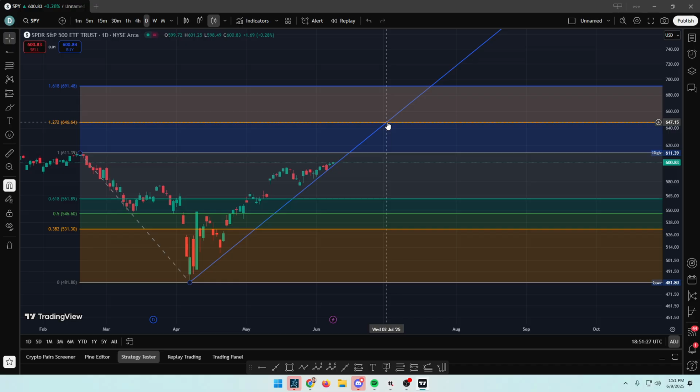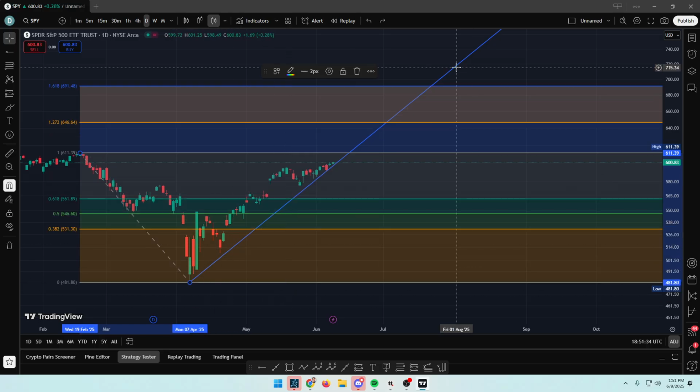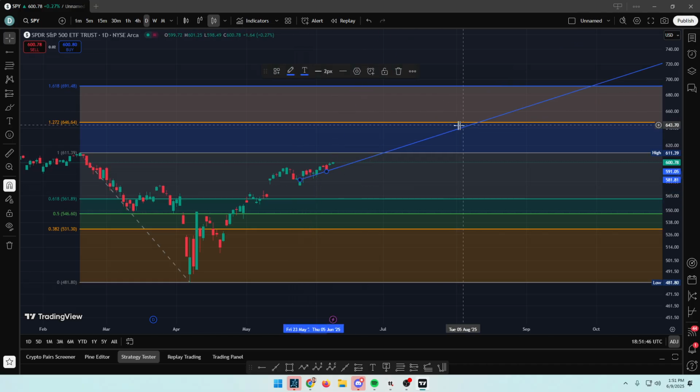So by the 2nd of July 2025, or if we want to be much more accurate, we can go to our most recent bottom here, and it crosses right here. Maybe this will get more steep, maybe less steep, but it's going to be somewhere in this area when we cross this level. So that's July to August.